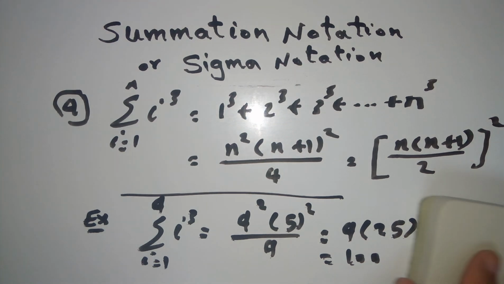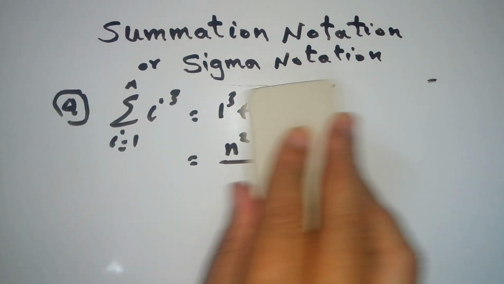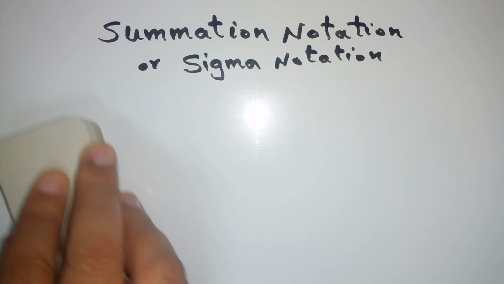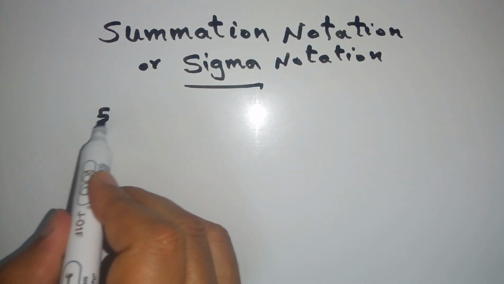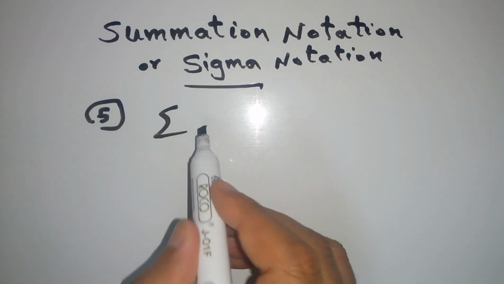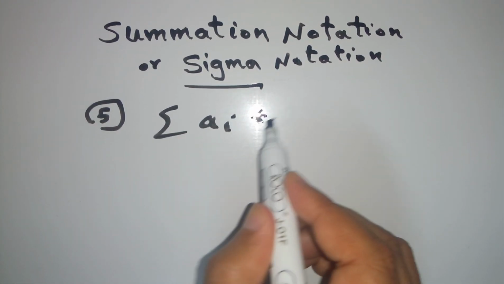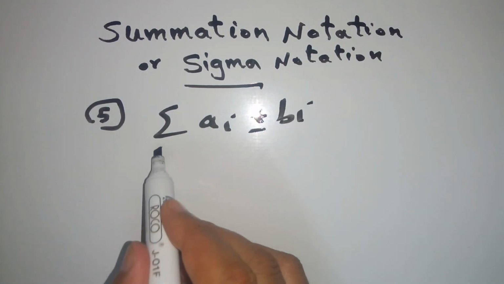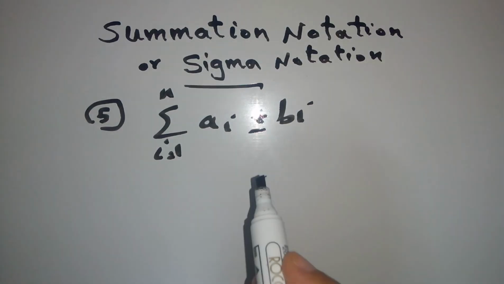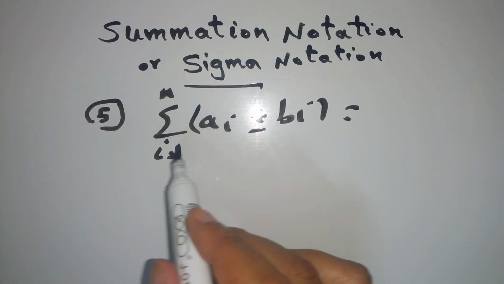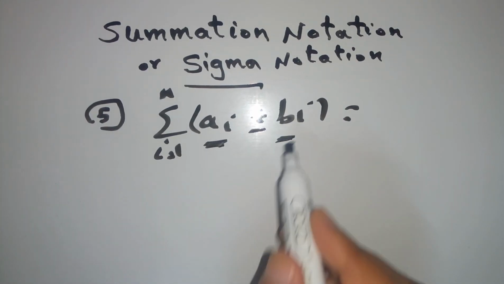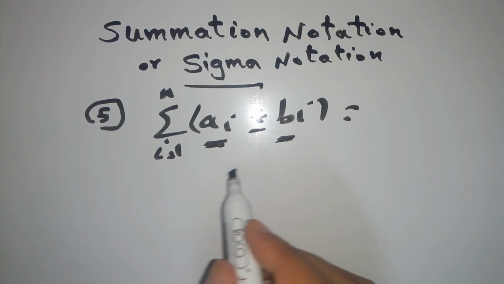We have other formulas. We can distribute the summation sign if we have a_i plus or minus b_i from i equals 1 to n. We can distribute this summation sign over the first and the second terms here.